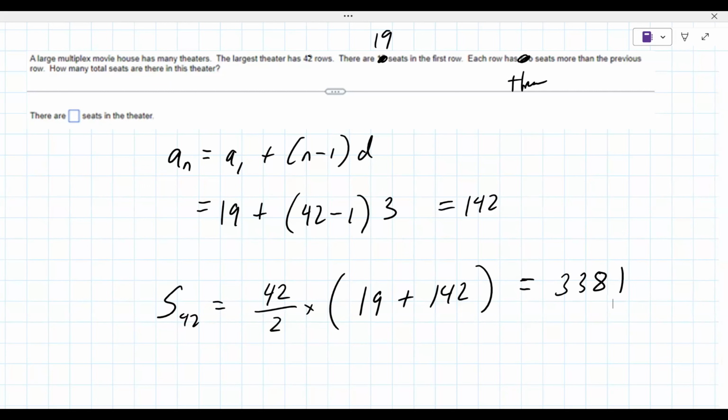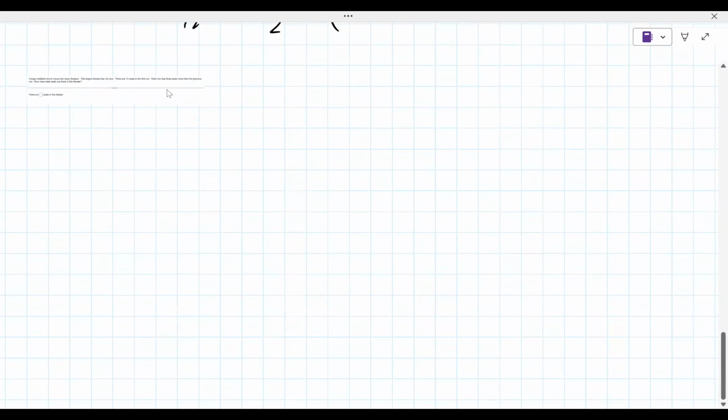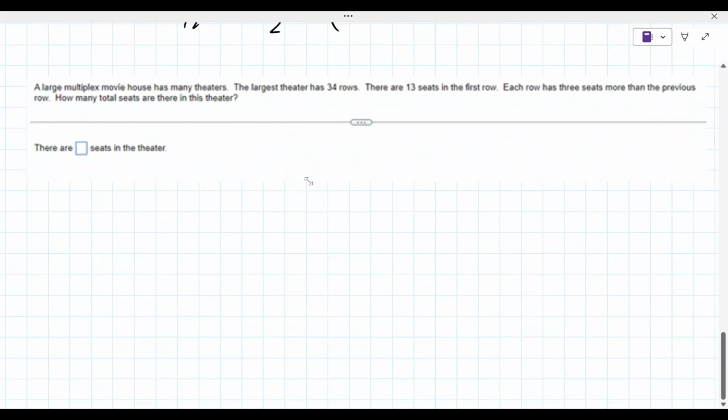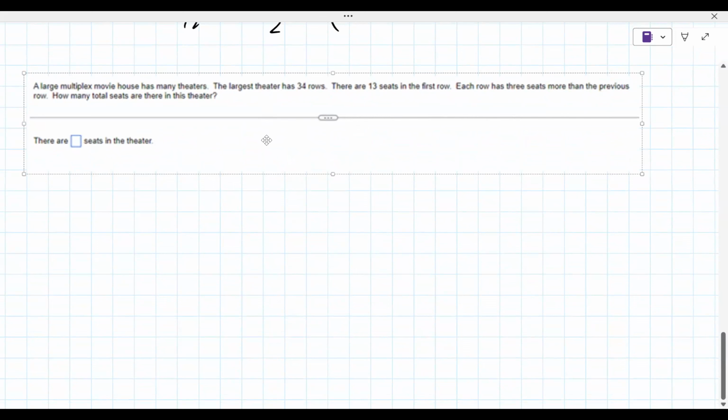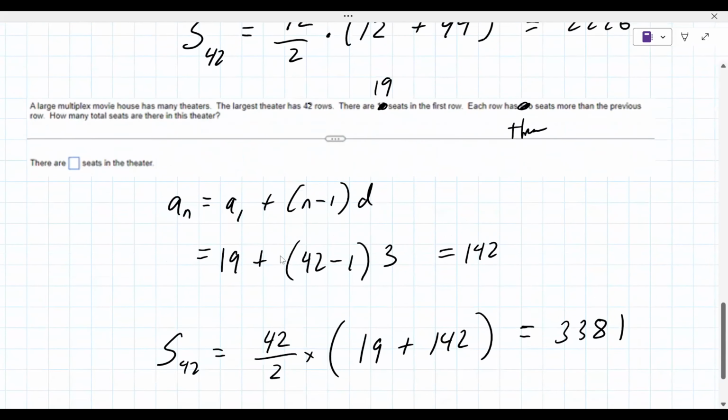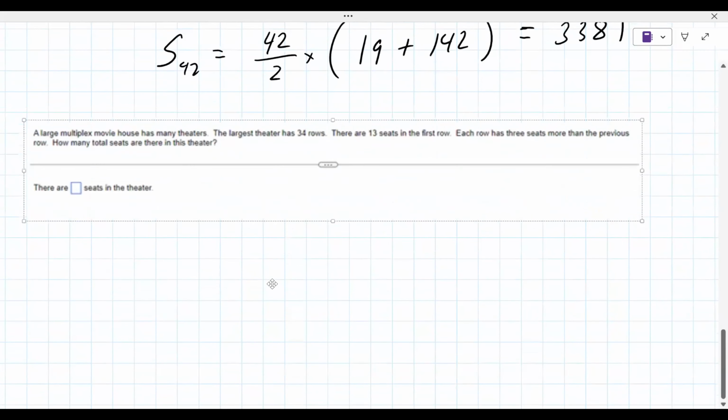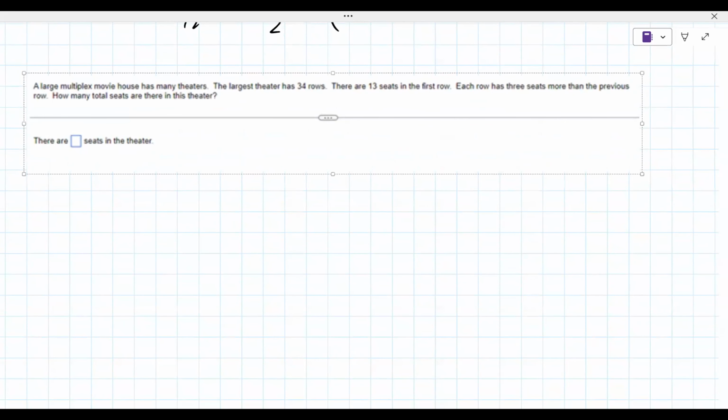So that was another one. It's another movie theater one here with the 34. Alright, I can try to take a look, do it by myself and then check answers with you. Yeah, this one is actually identical to the previous one in terms of the same setup. So if you want to try that, that'd be fine. Okay.